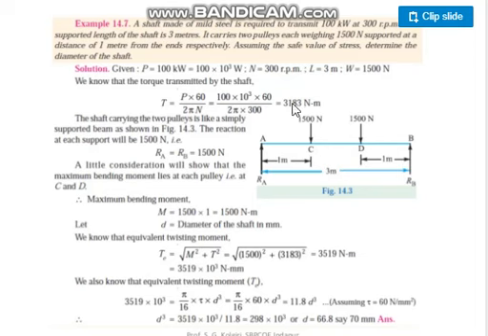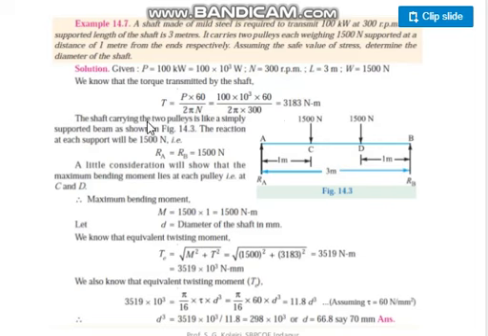Torque will be 3183 Newton meters. See, this value in the power equation comes in meters because watts is in meters. I'm telling you again and again, so many times students do everything correctly, but only because of confusion in the units, they lose marks. You should remember that this is coming in meters.